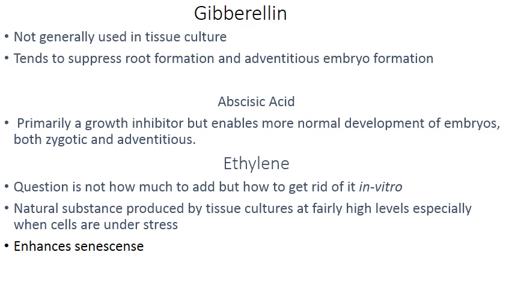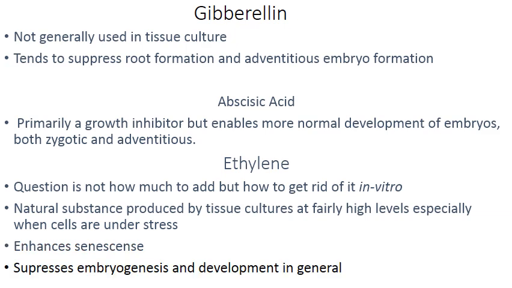It is a natural substance produced by tissue culture at a fairly high level, especially when cells are under stress, and ethylene enhances senescence. That's why ethylene should be kept away from the tissue culture media. It suppresses embryogenesis and development in general.